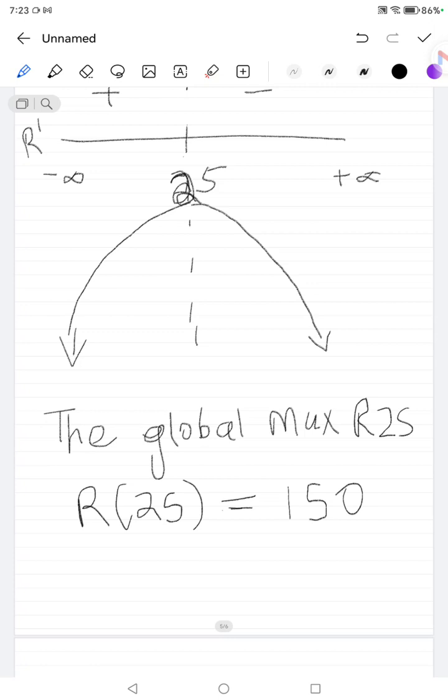The global max, then the revenue function at 25.